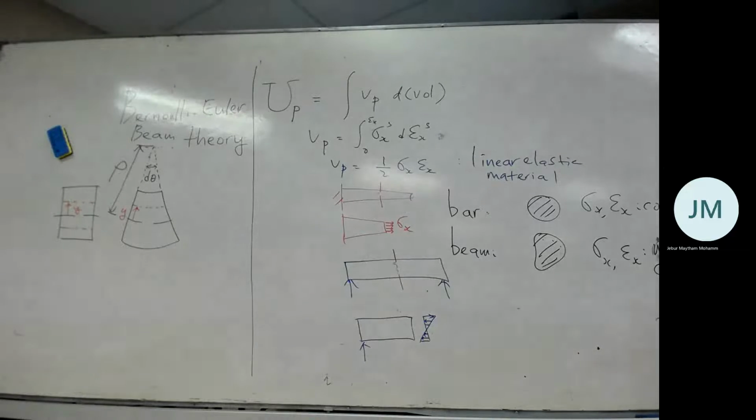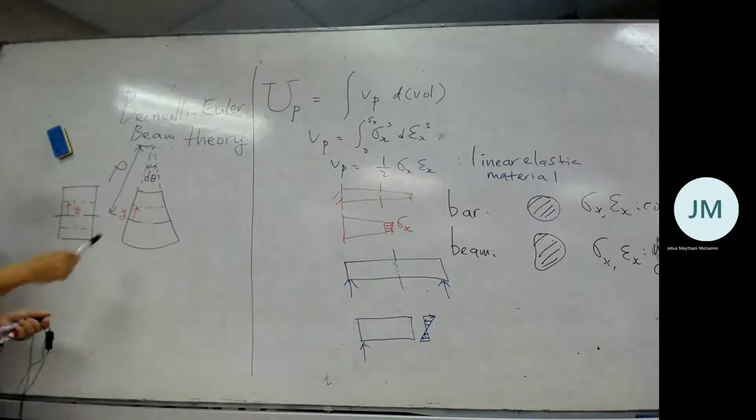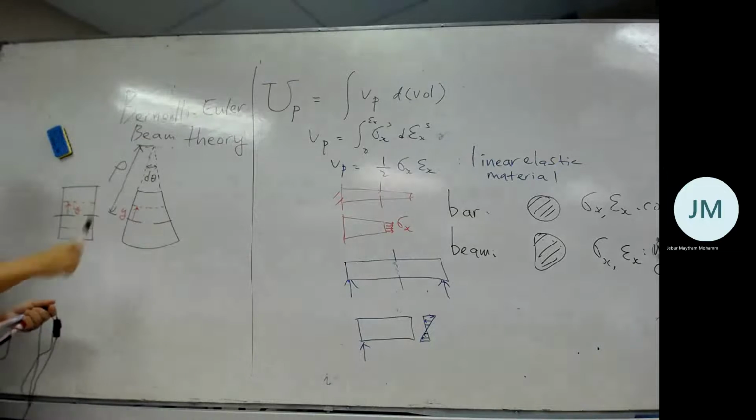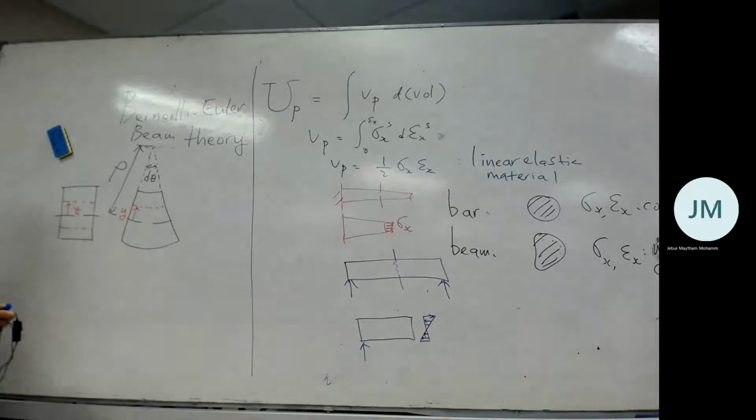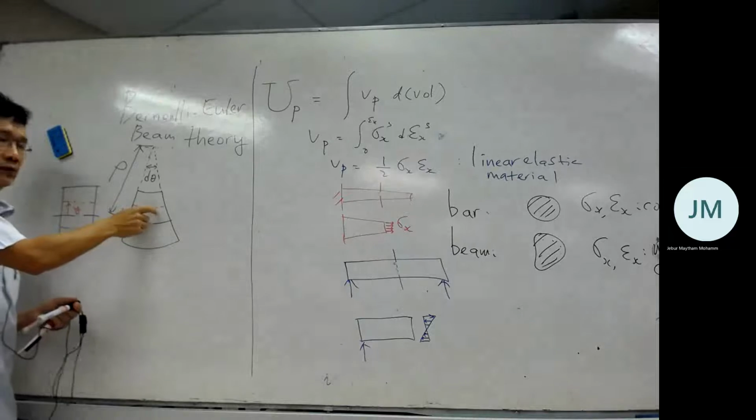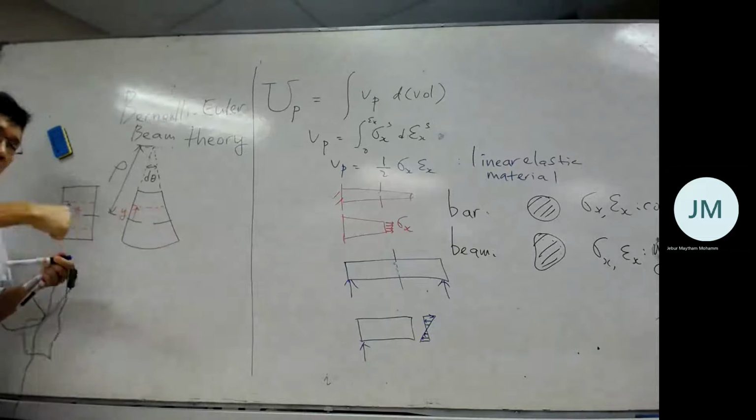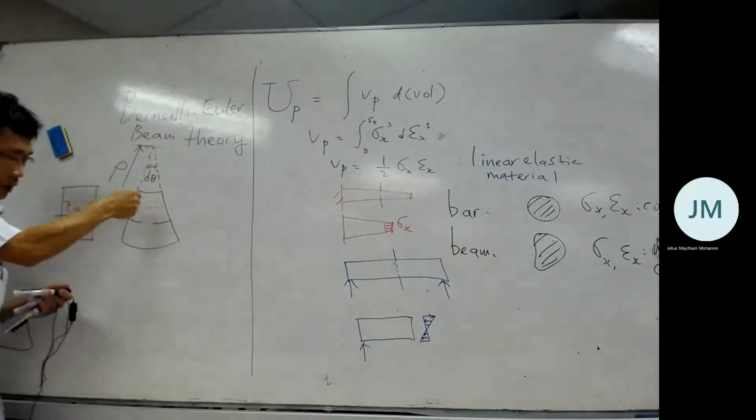This radius will change depending on the loading that we have on the beam. Imagine this is a neutral axis. Now the length before and the length after, the difference between them divided by the original length gives us the strain of this particular line. So this is related to this line getting longer or getting shorter.